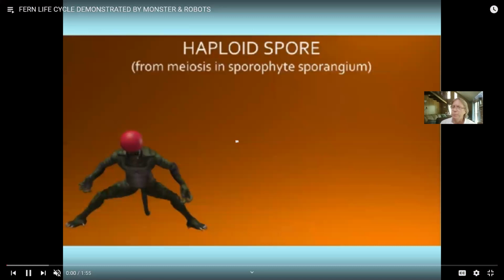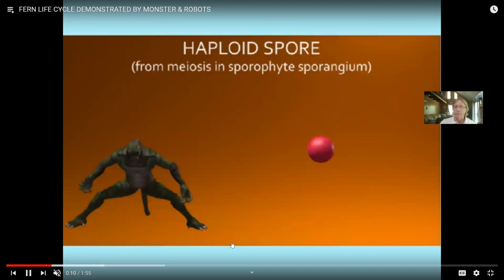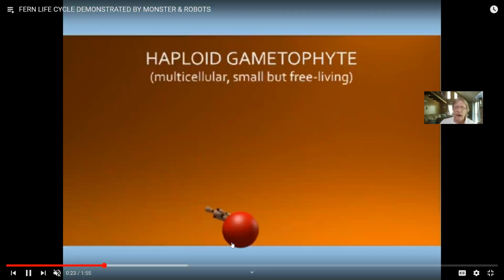So here, the haploid spores produced by the sporophyte produce the gametophyte generation. The gametophyte generation would also then be free living, but it would be rather small. Okay, so it's a small gametophyte. The gametophyte then produces those antheridia and archegonia. All right.